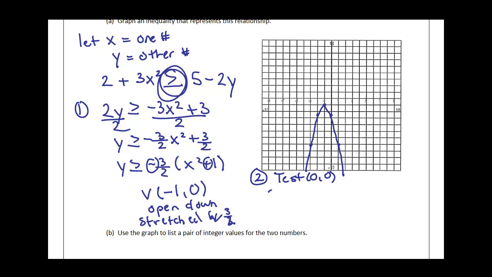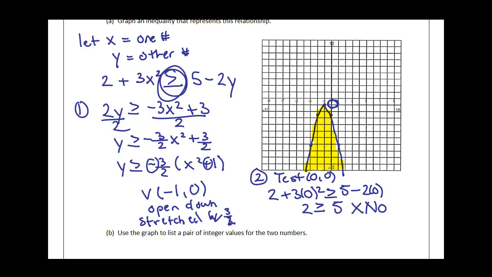Plugging back into the original, we get 2 plus 3 times 0 squared greater or equal to 5 minus 2 times 0. Well, here I'm going to get that 2 is greater or equal to 5, which is not true. So I would shade the opposite area where the 0, 0 is. Well, since 0, 0 is here, I'm going to shade inside my parabola. So my solutions are now below.